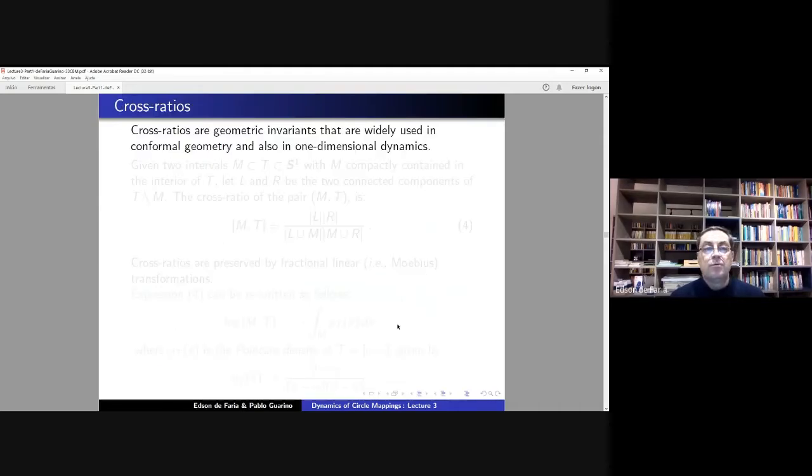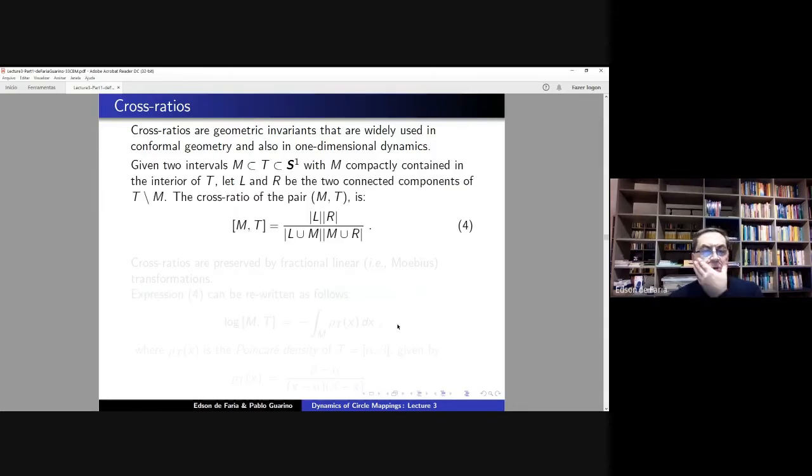Okay, so what are cross ratios? Well, cross ratios, they are geometric invariants that are widely used in conformal geometry and in one-dimensional dynamics. So these are like projective invariants, really. But in our case, we are on the circle, and we are going to look at cross ratios determined by 4 points on the circle, or more precisely for us, 2 intervals, one contained in the other.